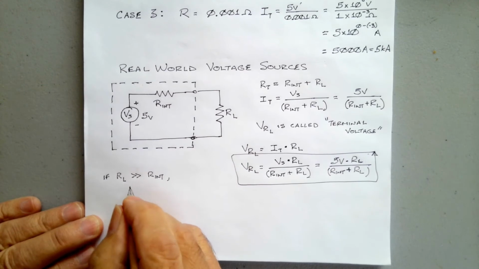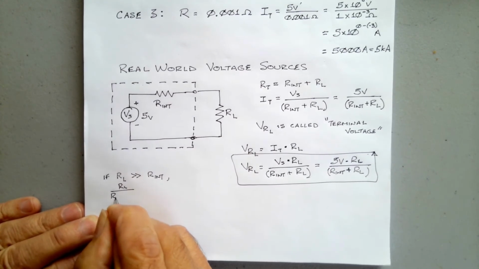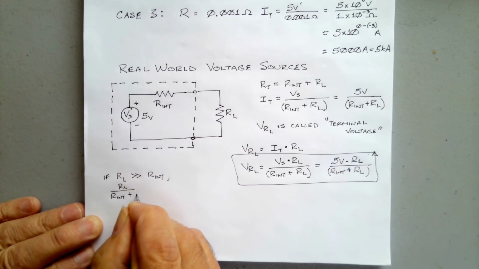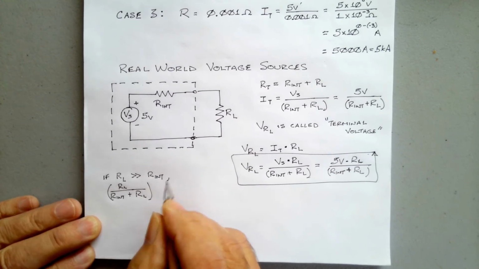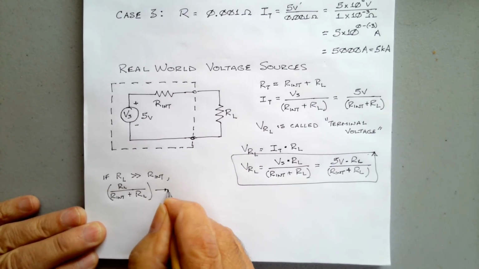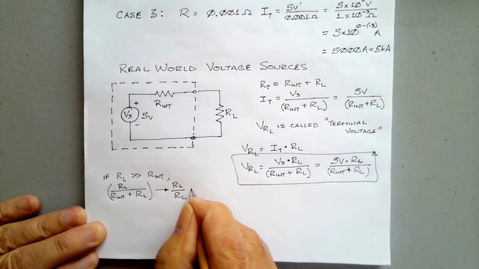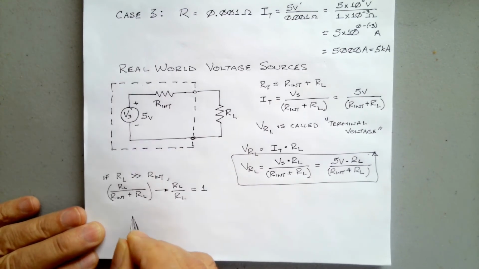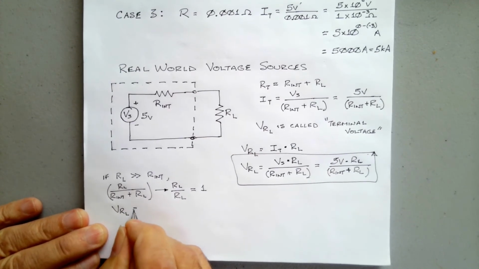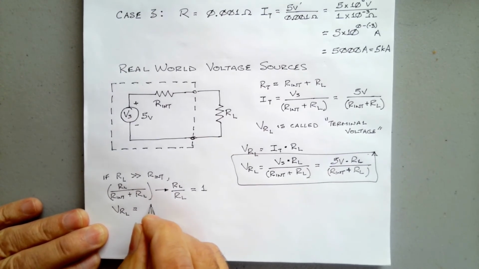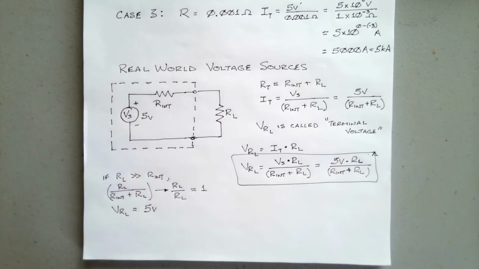So RL over R int plus RL will tend to get close to RL over RL, which equals 1, in which case VRL will just equal 5 volts times that.